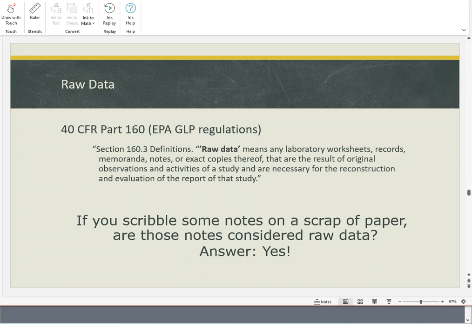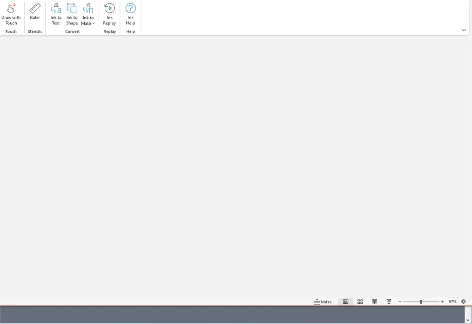So very often I get the question, well, if I use scrap paper, can I write things on the scrap paper and then use the scrap paper and record into my lab notebook or on the laboratory document the things that I did and then just throw the scrap paper away? No, you can't. Absolutely not.